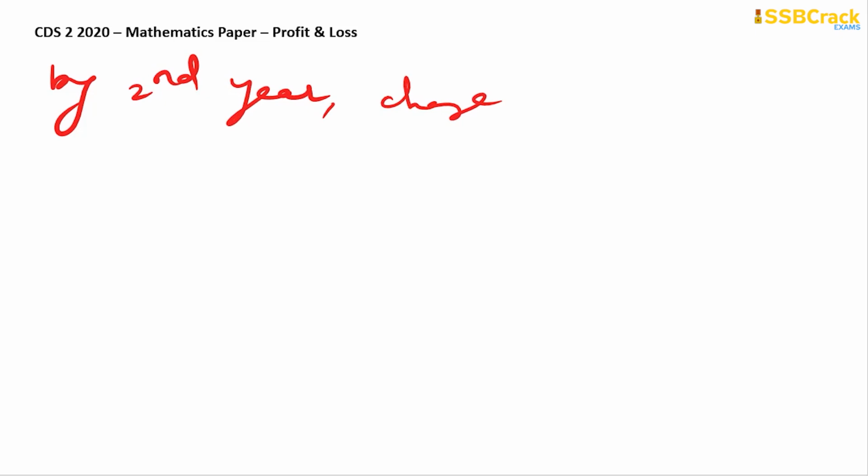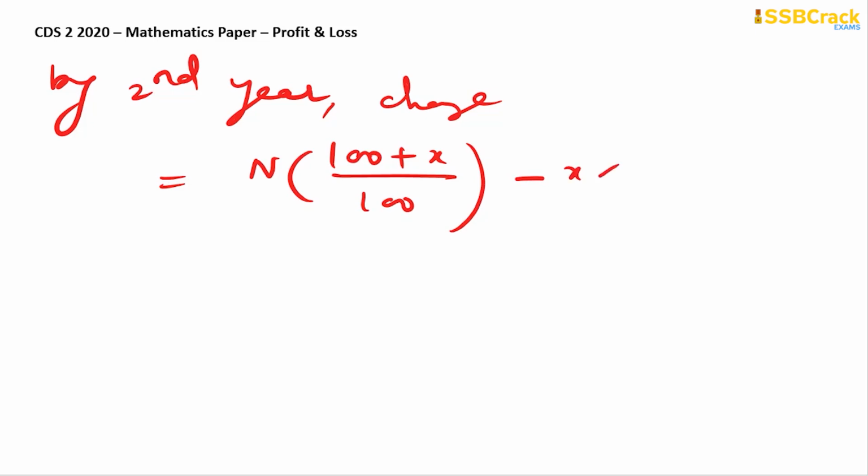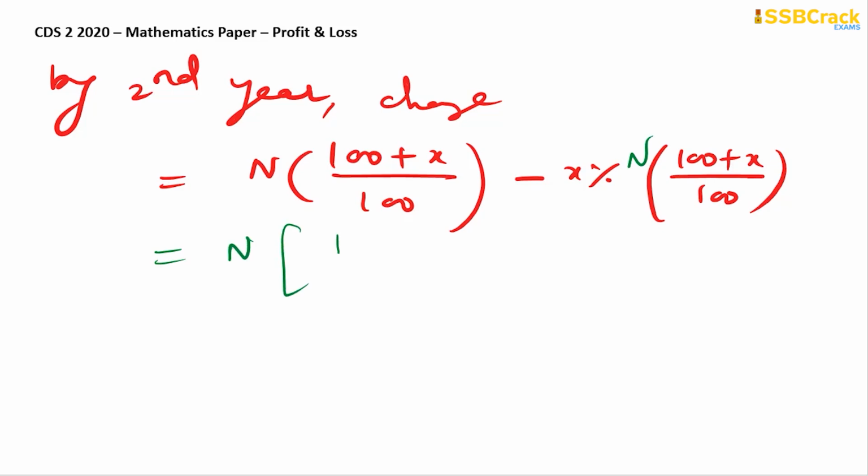The change in the atoms will be the existing amount at the beginning, N into 100 plus X upon 100, minus, there was a decrease, right, X% of this amount, 100 plus X upon 100. So let's solve this. Here I missed writing N, okay. So N is common, and we could see it's 100 plus X upon 100 minus X% means X upon 100.